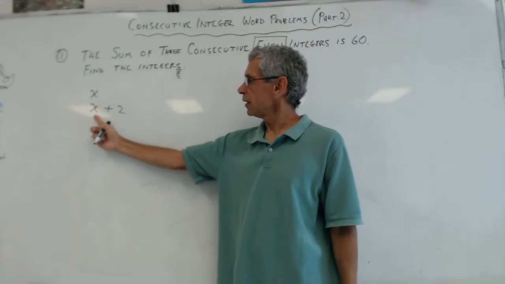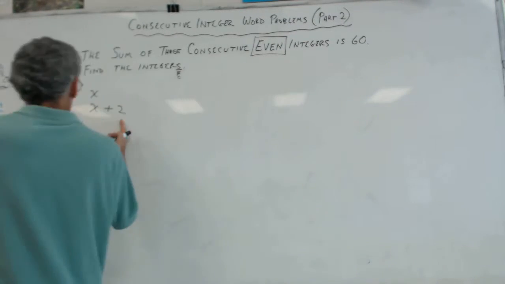So what's the first one going to be? x. How far is the second number away from x? Plus 2. If the first number is 6, will the second number be 8? 6 plus 2 is 8. That works. And what's the third number going to be? It's going to be x plus 4.